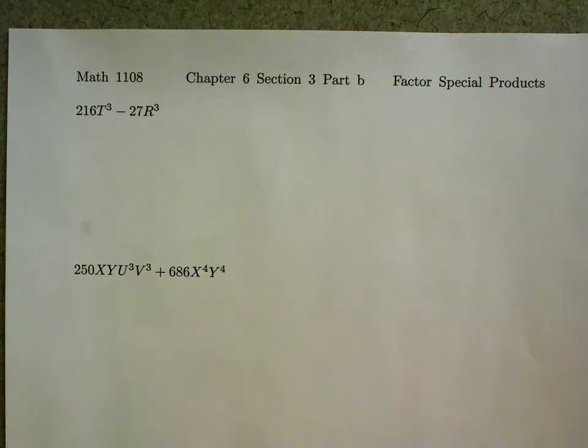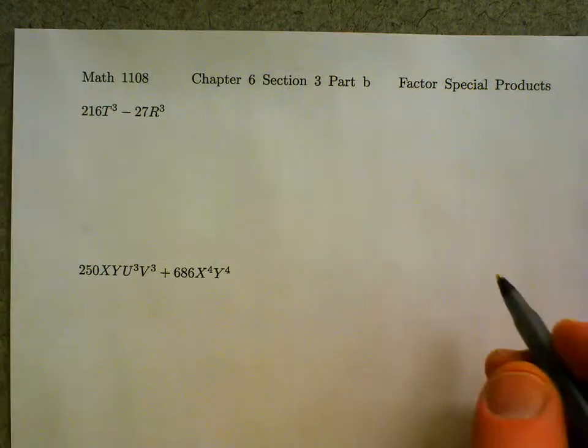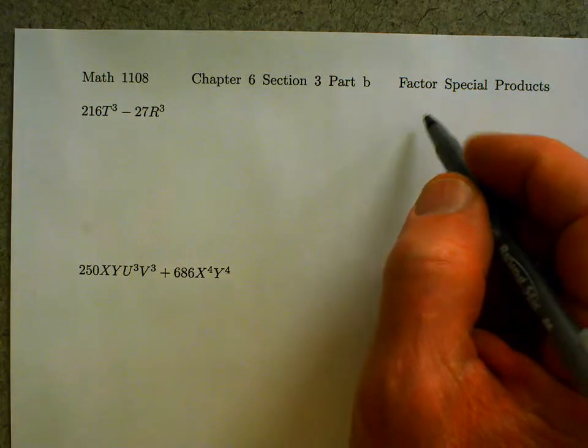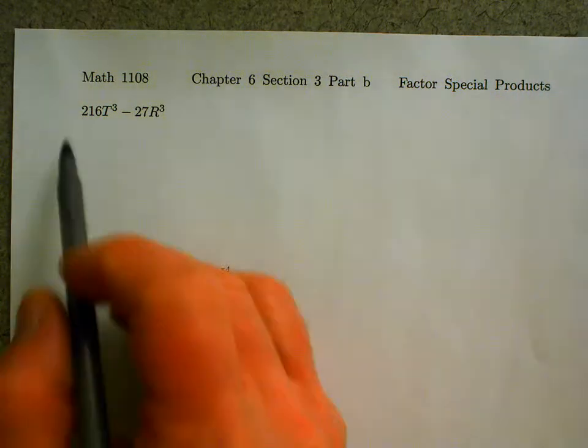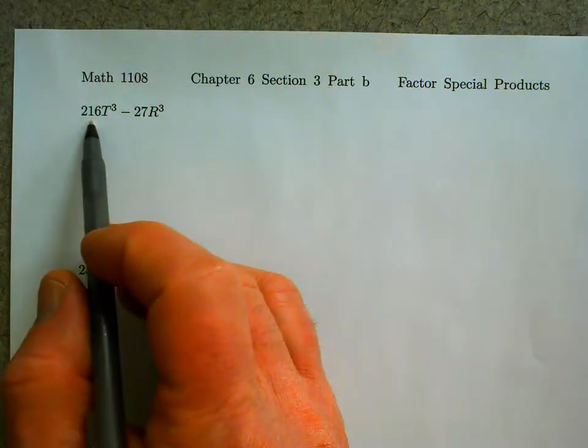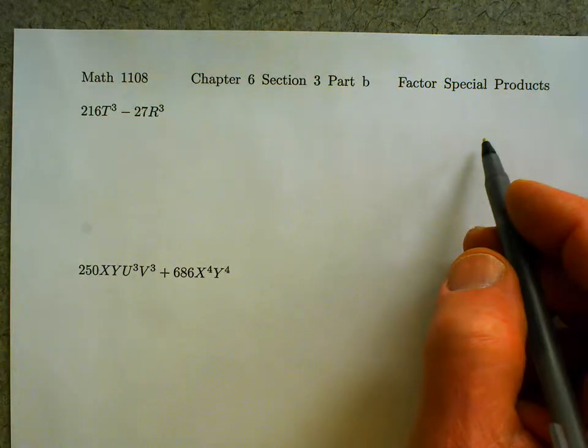Well, the greatest common factor is bigger than 1. So remember how to find the prime factorization of a positive integer?